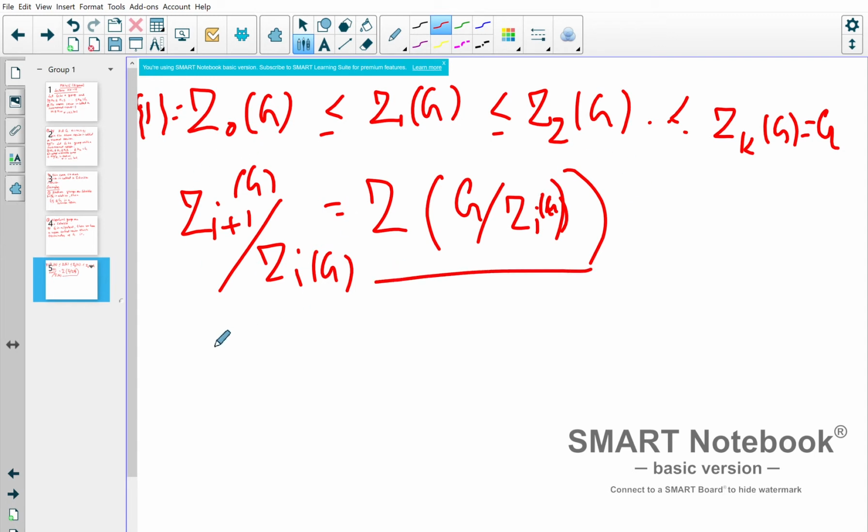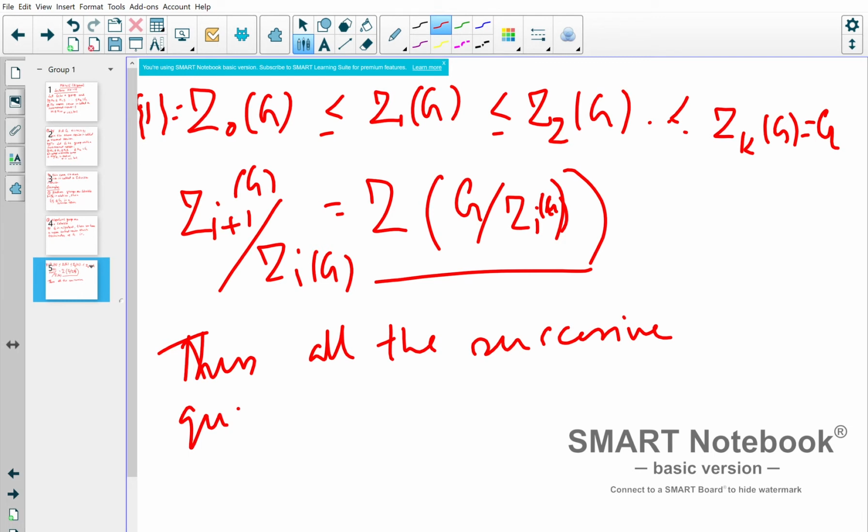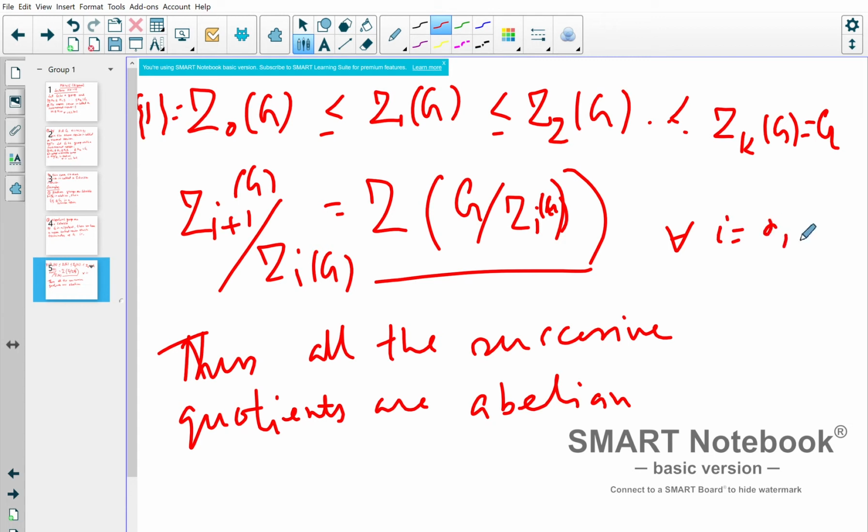That means all the successive quotients are abelian, for all i equal to 0 to k minus 1, because the successive quotients are always the center of a group, and the center is always abelian. So the upper central series itself gives you a solvable series.